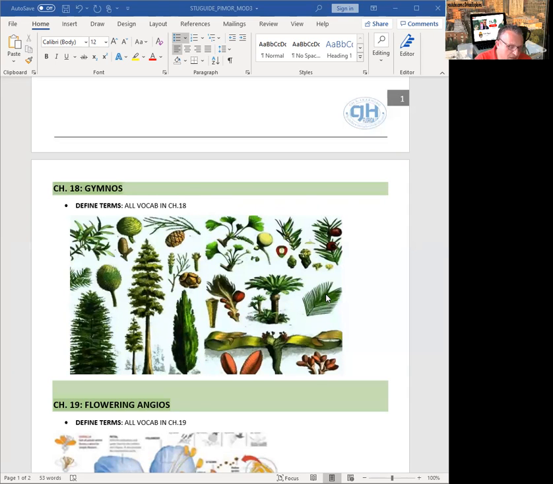Again, the tallest plants like sequoias, the oldest plants, and also a lot of medicinal plants are in this group. So gymnosperms are a very, very important group of plants. They don't have flowers or fruits, but they do have seeds, and their seeds have wings that fly away from the tree.